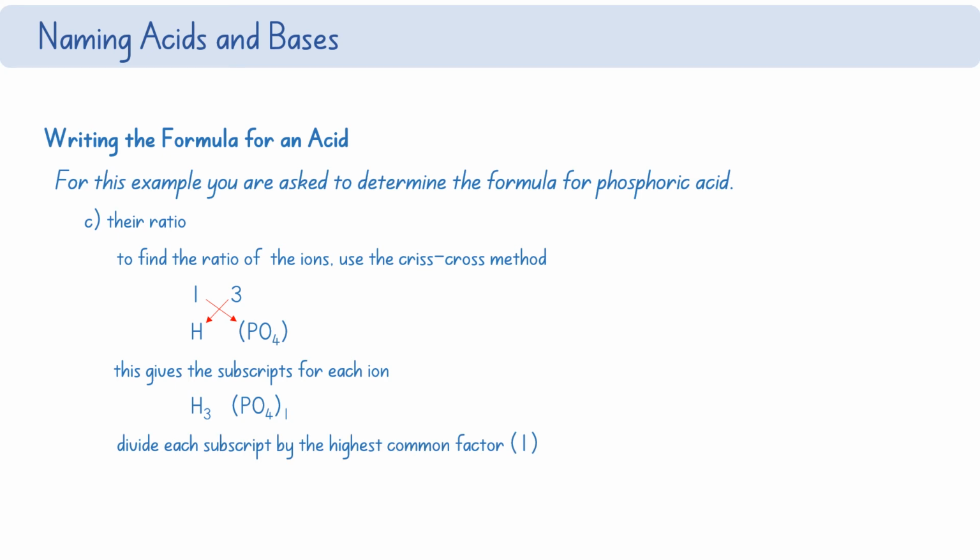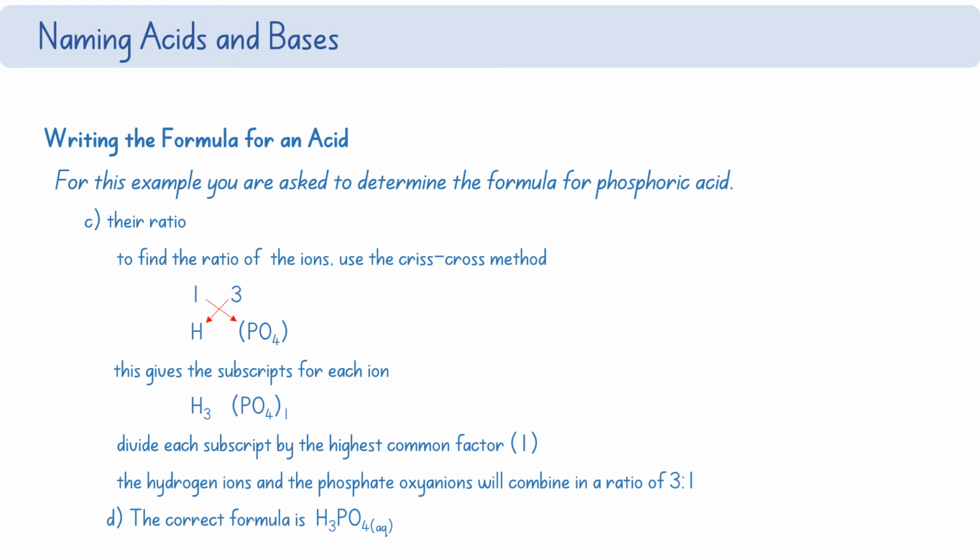Divide each subscript by the highest common factor, in this case 1. The hydrogen ions and the phosphate oxyanions will combine in a ratio of 3 to 1. So the correct formula is H3PO4 aqueous.